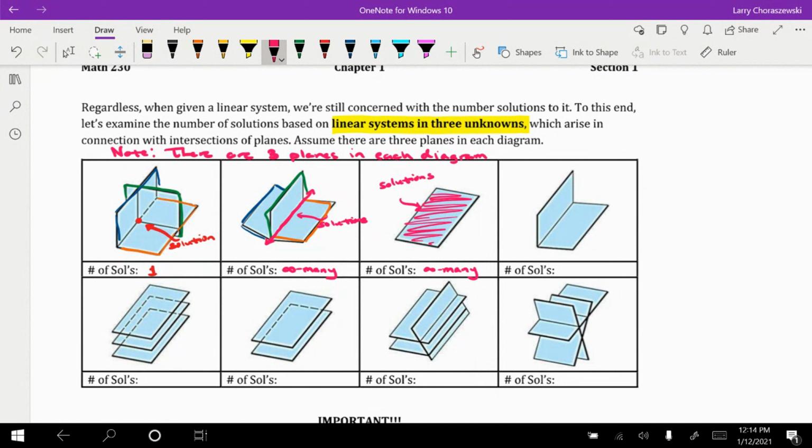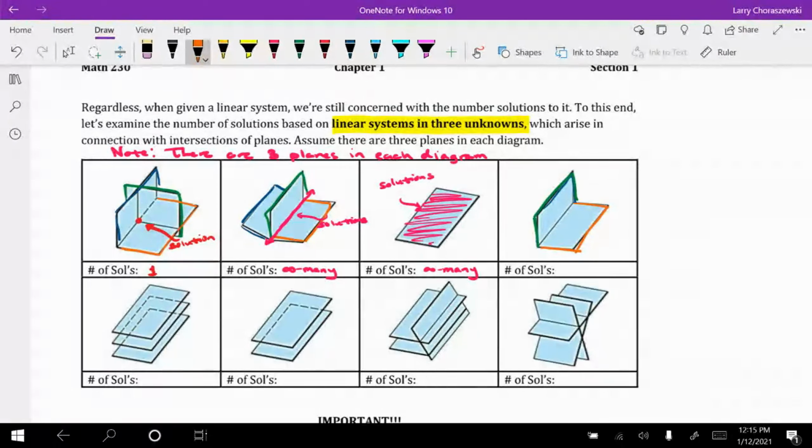Now, I mentioned that all diagrams have three planes in them, and this last one looks like there's just two, right? But what we're to assume with this last diagram is that two of these planes are on top of each other. So let's maybe assume that this plane right here is on top of a plane in the same position, and then here's our third plane.